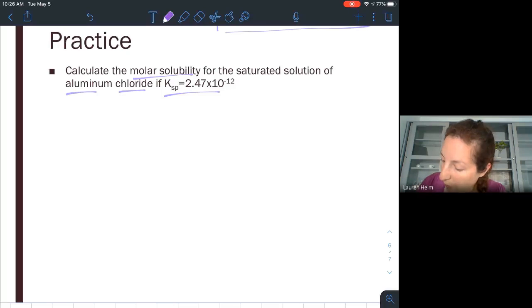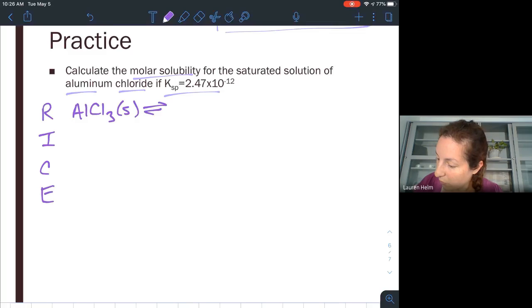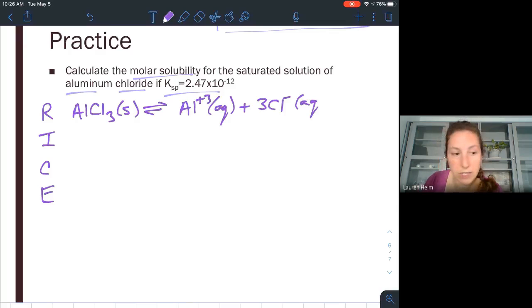All right, so I'm going to set up my rice table. My reaction is aluminum chloride, AlCl3, solid, yields in a reversible reaction, aluminum ions and chloride ions, and I've balanced that.